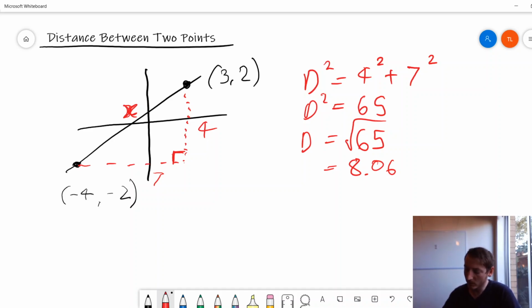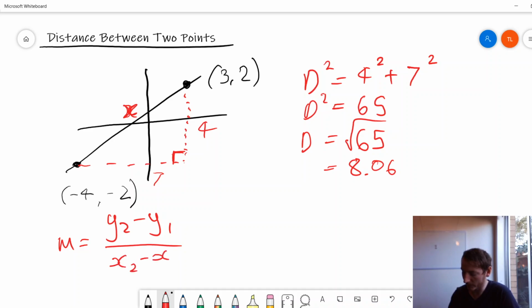To work out these distances using our gradient formula, we said y2 minus y1 over x2 minus x1. That got us the distance from this y value to this y value: 2 minus -2 is 4. And it also got us this: 3 minus -4 is 7.